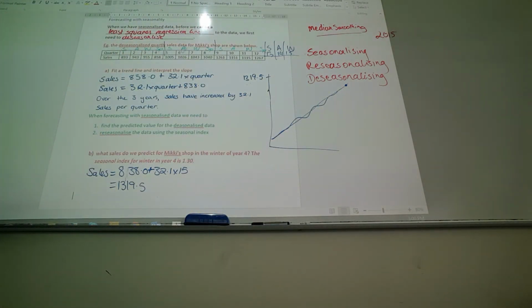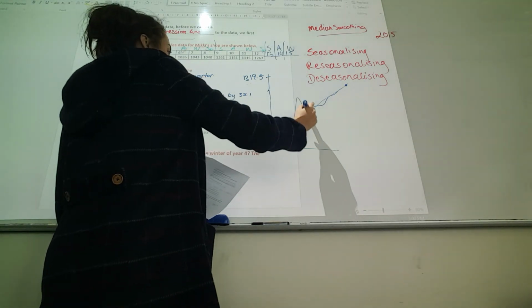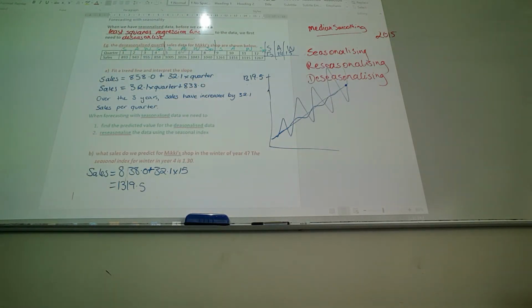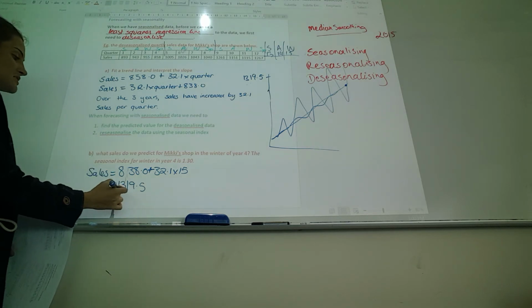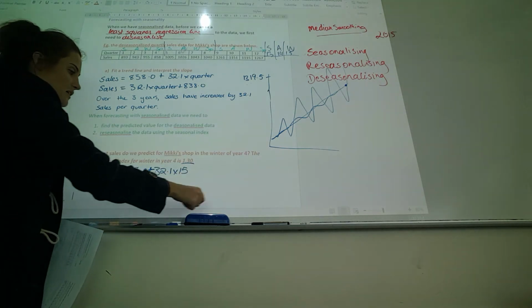Okay, so now if we put the seasonal variation back in, so we've got it a little bit more like this, what should it be in winter? To find that out, we need to multiply this number by the seasonal index.